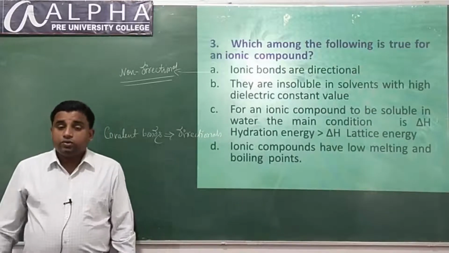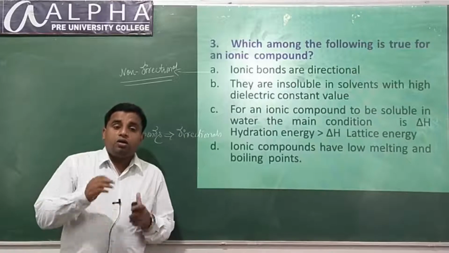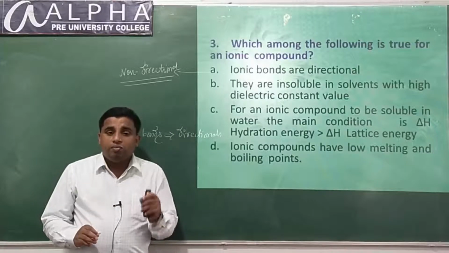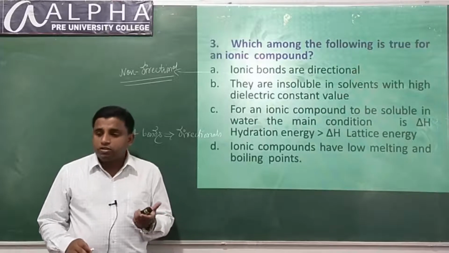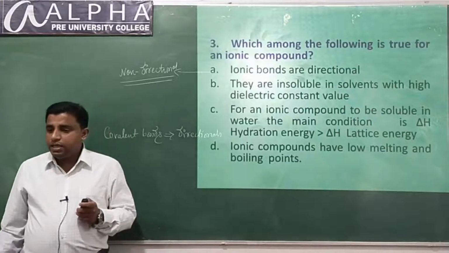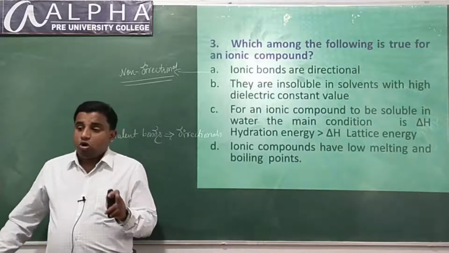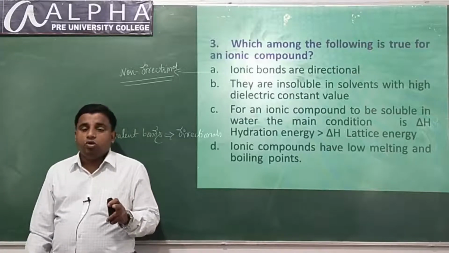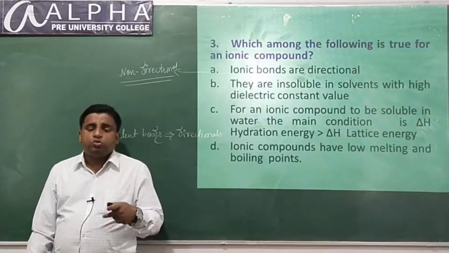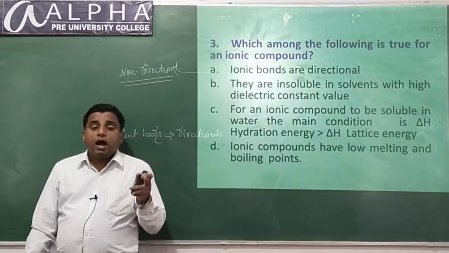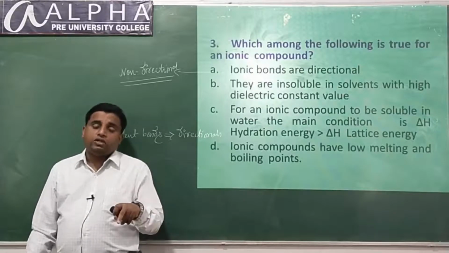Next, one more. Now we know ionic compounds are soluble in polar solvents with high dielectric constant, isn't it? But the next option says they are insoluble in solvents with high dielectric constant value. No, if the dielectric constant value is high, the solvent is going to be polar. Therefore, ionic compounds are soluble in polar solvents.